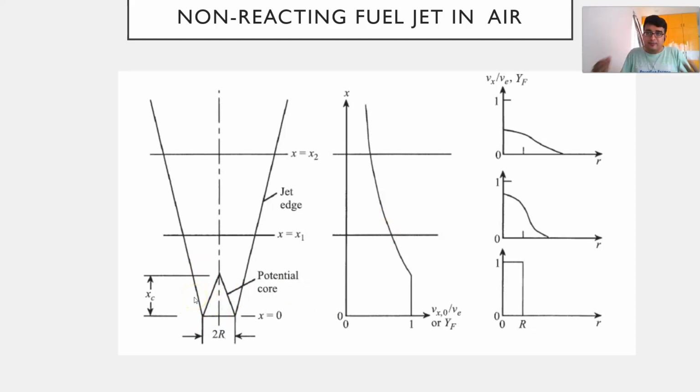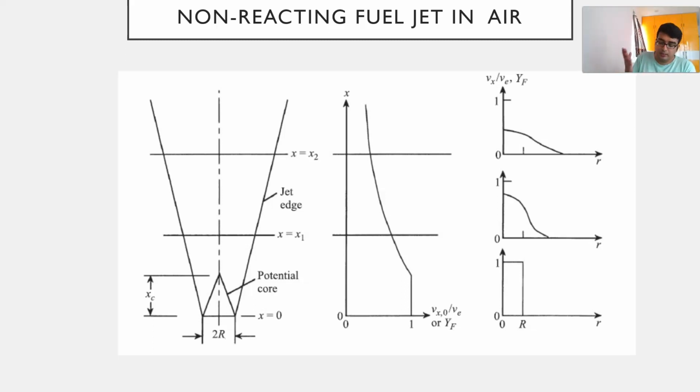Because of this entrainment process, the total mass that is being affected by the fuel jet increases as you move further and further downstream. So the amount of mass of fuel and entrained air that is being influenced by this jet increases as you go further downstream. Obviously the fuel mass is constant, it's the air mass that is increasing as more of the mixing happens. And what happens very far downstream is eventually the fuel gets fully mixed with air.